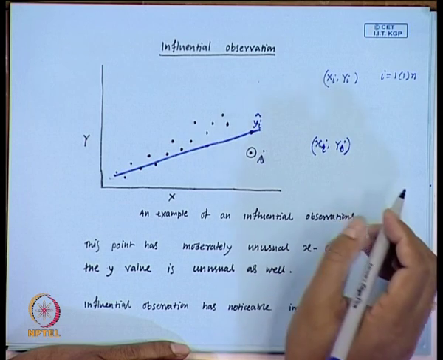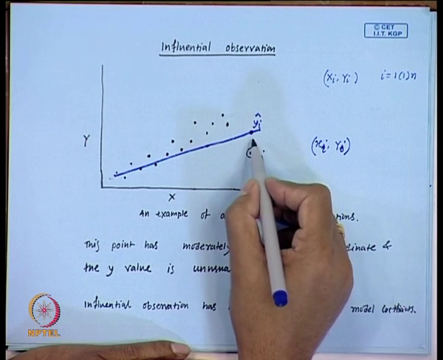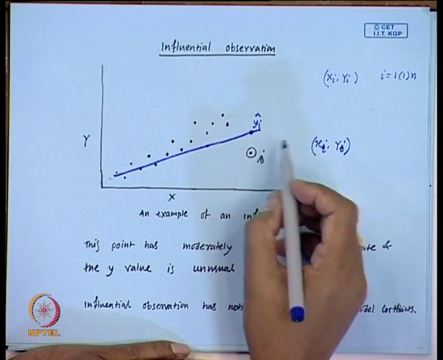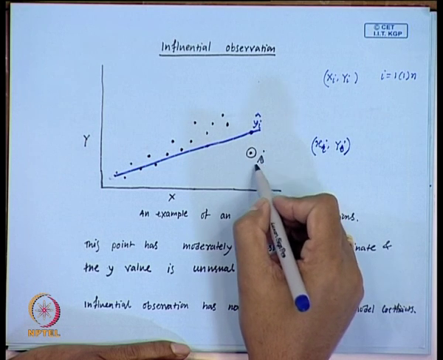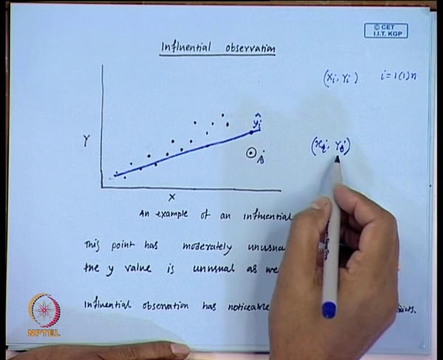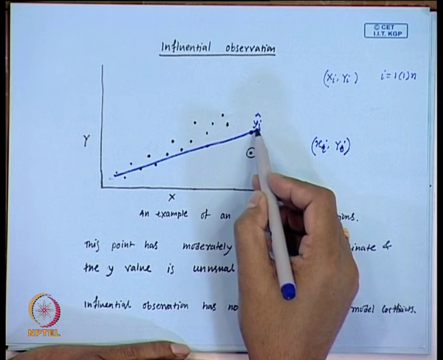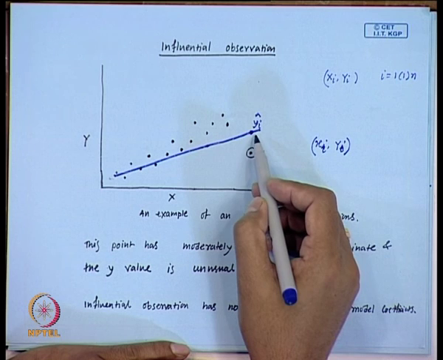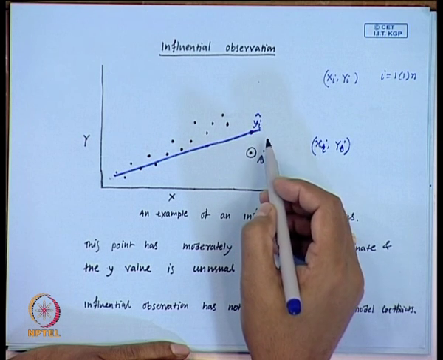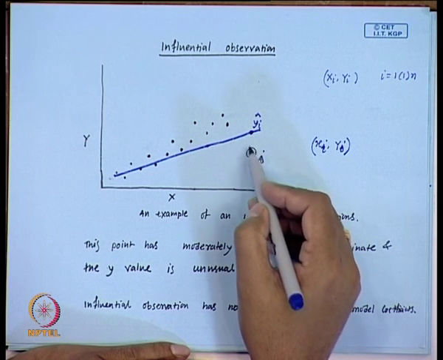Suppose this is the ith observation, then the true value y I and the y I hat, the difference is small.